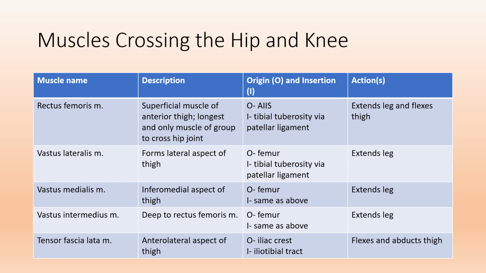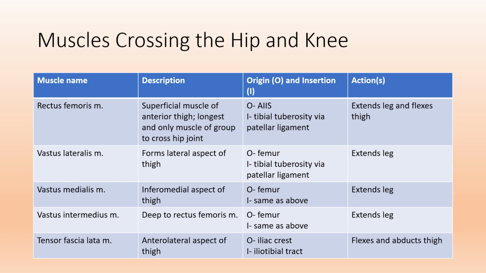This table now will introduce to you the 4/5 muscles that are found in the anterior thigh, or the anterior compartment. They are collectively known as the quadriceps, minus one of them. First, we have rectus femoris. Rectus means straight, femoris means femur, or thigh. This is the most superficial muscle, just deep to sartorius.